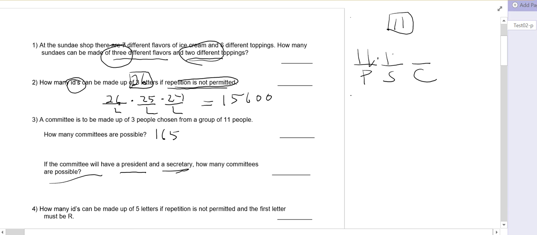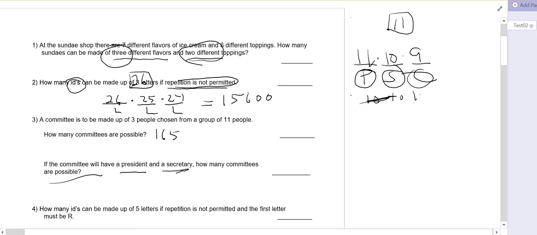So 11, 10, 9. All right, so now that I did step 3, step 4, is there order? Well, yes, there's order here because if you're selected first, you're president. Second, you're secretary, and third, you're just on the committee. There's order here, and when there is order, you're done. You don't have to divide by anything.